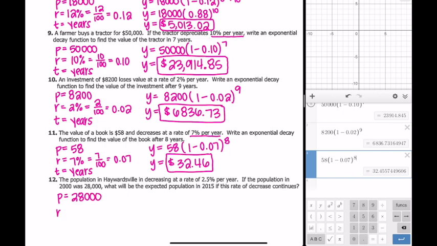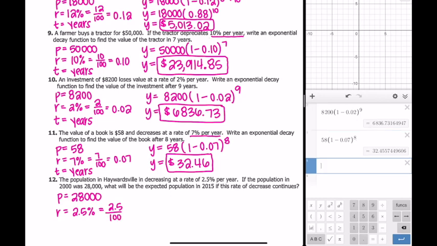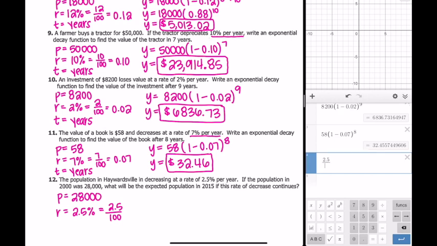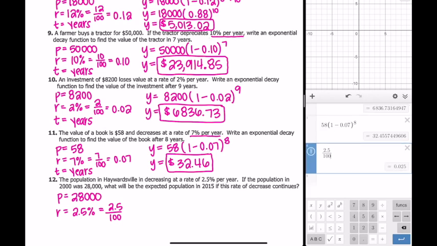Okay, the rate is 2.5%. So that is still 2.5 out of 100. Now this one's a little trickier to just do in your head, so make sure that you actually type this in and see what you get. Okay, so now that's 0.025. Okay, now that rate occurs every year, so T is years.